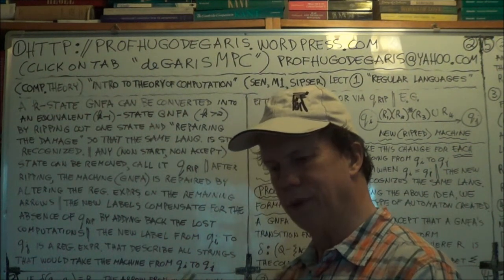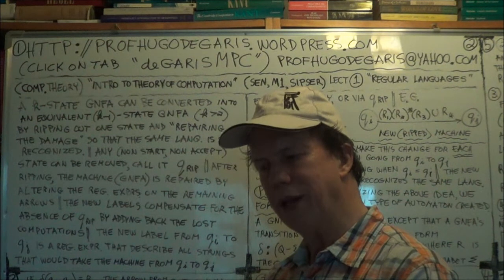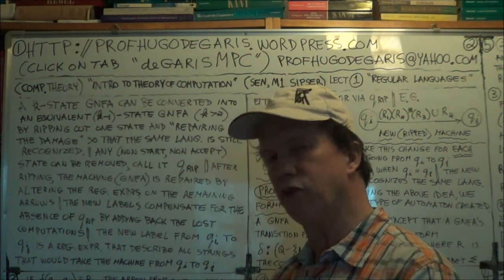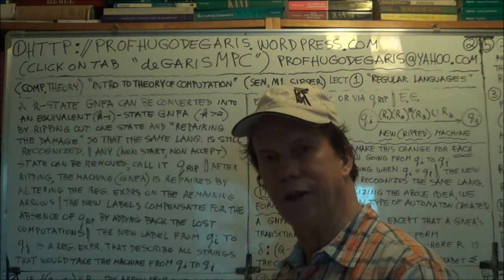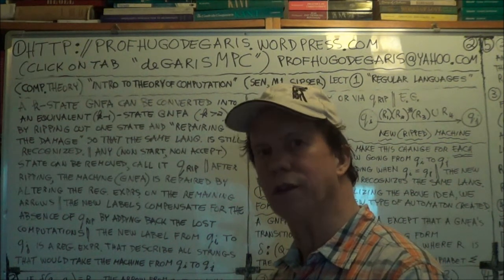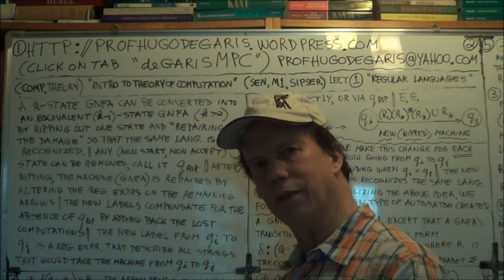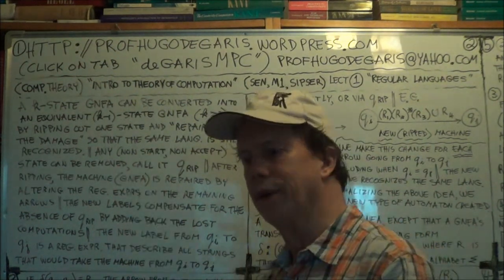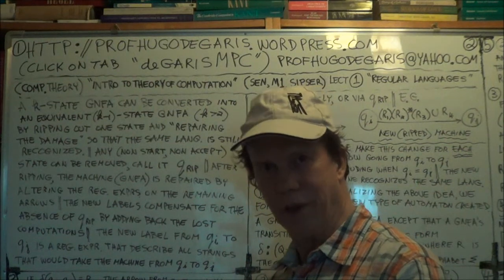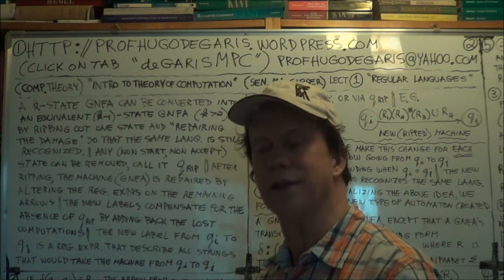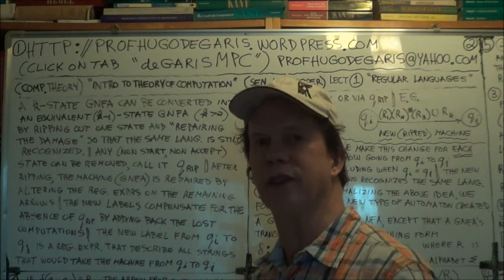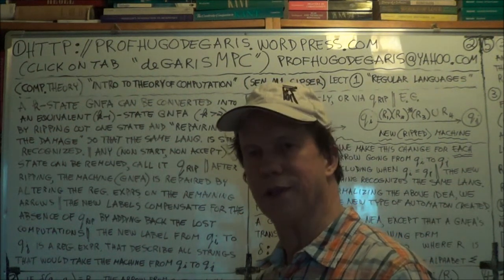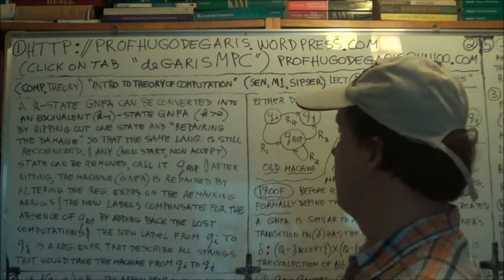And then you have to modify the labels on the remaining transition arrows, and I'll explain how you do that, so as to repair the GNFA so that it still recognizes the same language. So it's still equivalent, meaning doing the same job, recognizing the same language. All right.